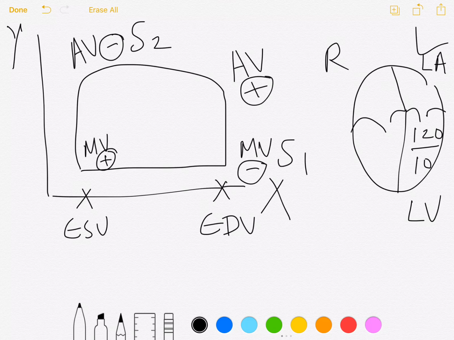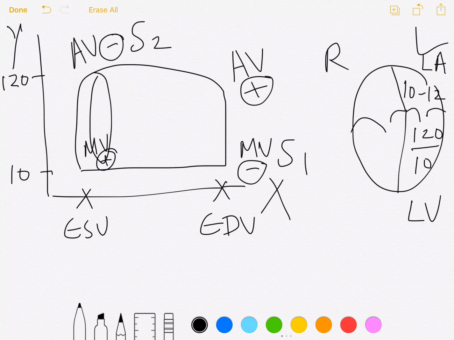While the pressure inside the left atrium will be between 10 and 12. So in this diagram, this will represent 120, and here is the 10. This phase in the cardiac cycle we call the isovolumetric ventricular relaxation, which is the initial phase in diastole. So the ventricle will relax and the pressure will drop gradually from 110 to 10.